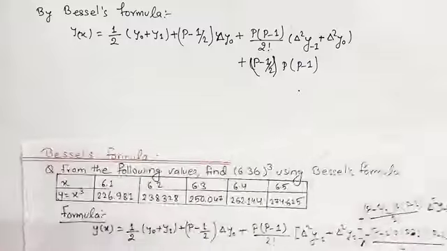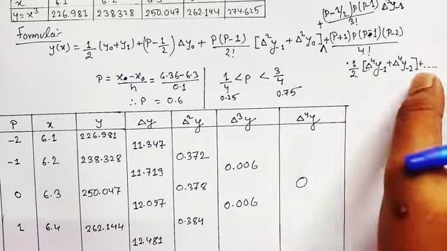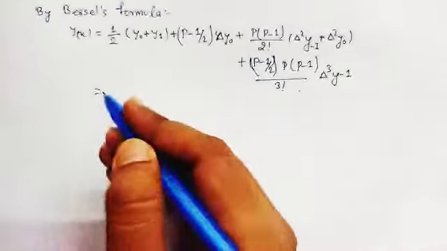So on rewriting the formula, here we will have p minus 1 upon 3 factorial times delta cube y minus 1, and the fourth term is 0, so we do not need to proceed further, we need to stop up to here. Now put the values and find the final answer.